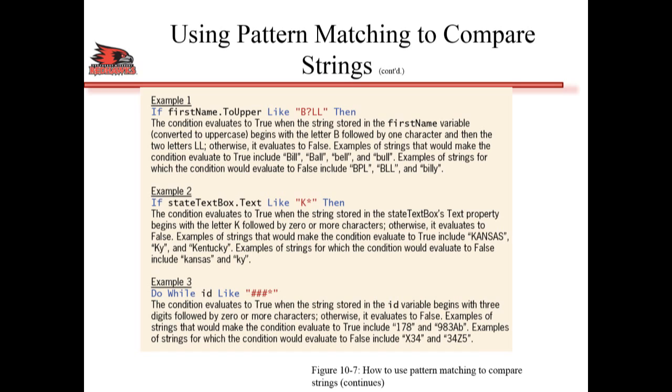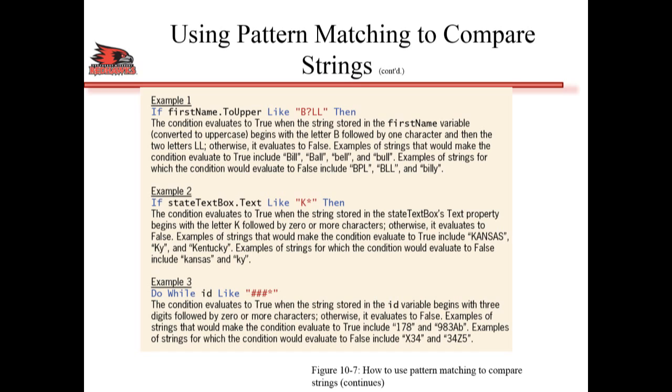Let's say we want to look at a text box, and see if it has a word which starts with K and then any number of characters. Zero is fine, it can be just K. It can be KY, Kentucky, or anything.